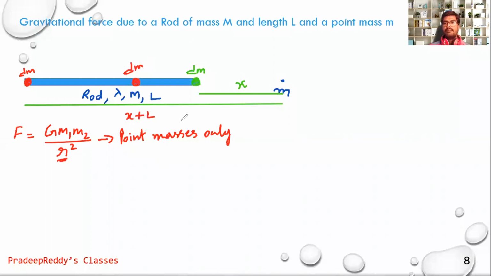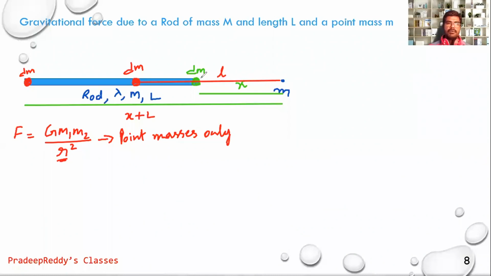This element has mass dm and is situated at a distance small l from the other point mass. The separation between the dm mass and the other point mass is l.